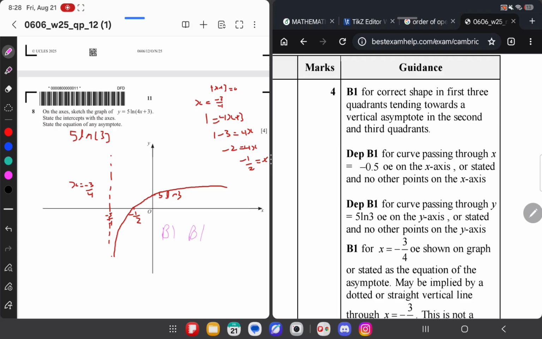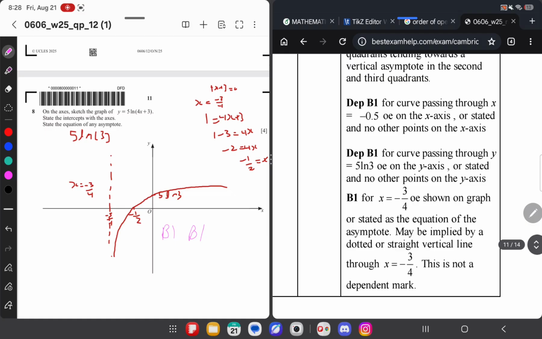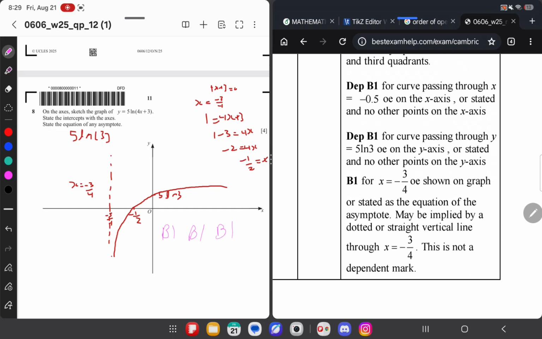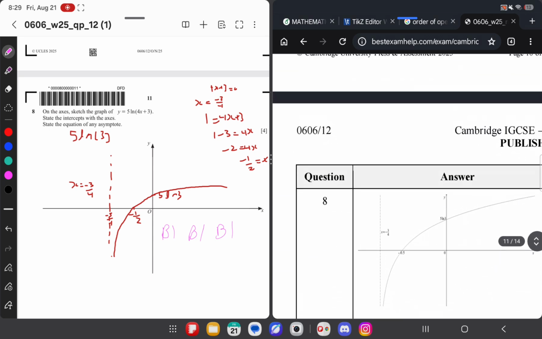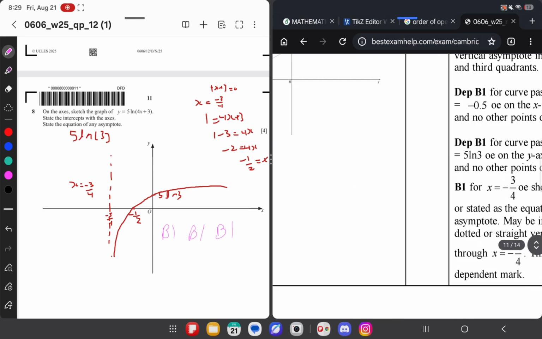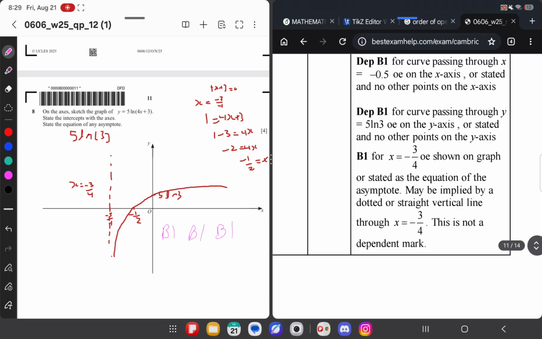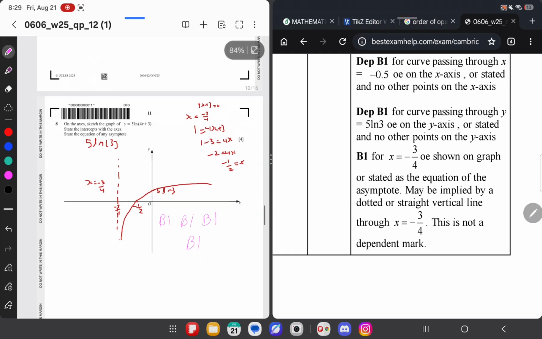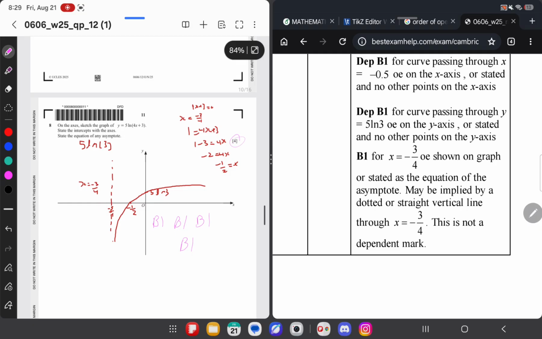For curve passing through y equals 5 natural log of 3 or stated, and no other points. For x equals negative 3 over 4 or equivalent shown on the graph or stated as the equation of the asymptote, may be implied by a dotted or straight vertical line through x equals negative 3 over 4, is not a dependent mark. Yay. B1.